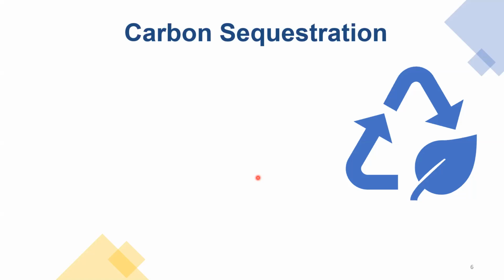So when we are losing 6.3 petagram, the science insists that we should sequester some carbon. Whatever we are losing into the atmosphere, some amount must be sequestered into the soil by reducing the emissions.